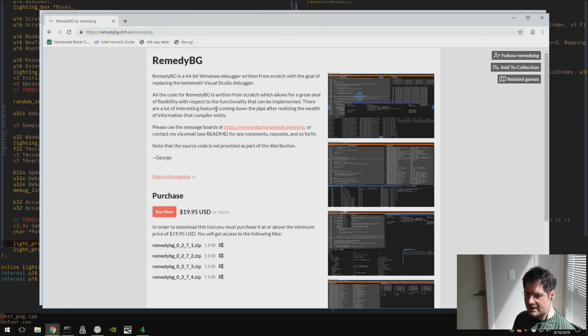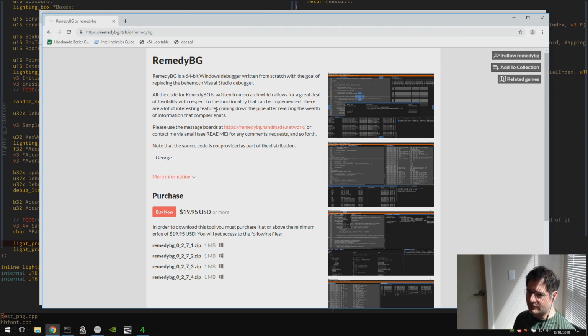And at the rate that development on it's been going, I doubt it's going to be 5 years before it catches up in terms of features to Visual Studio, because Visual Studio doesn't have that many debugging features. So I guess I would say it's probably going to catch up sooner than that.